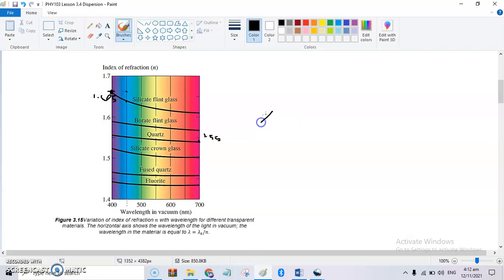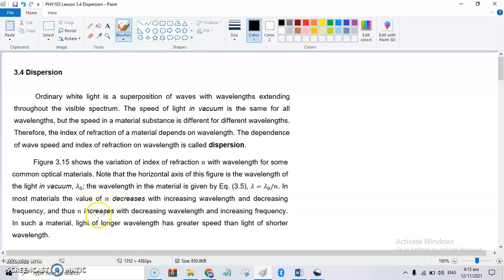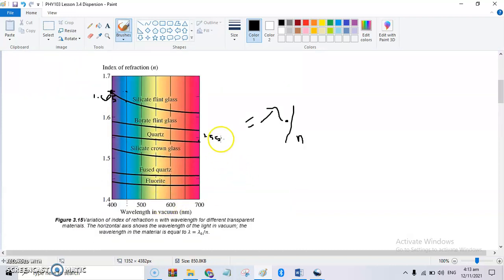So here, what applies is that the wavelength in the material is equal to the wavelength of light in vacuum over the index of refraction.